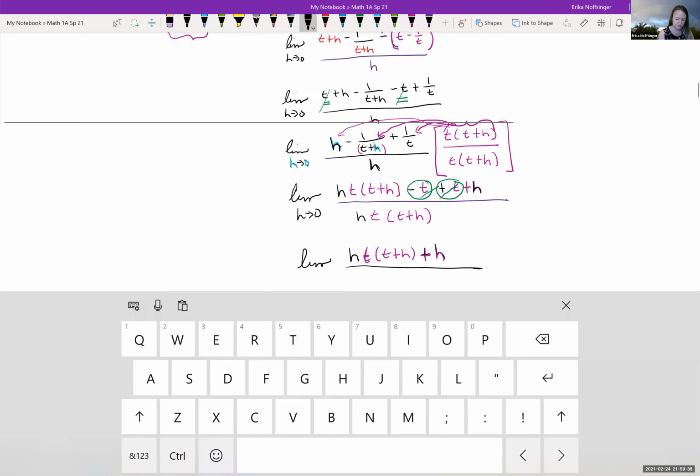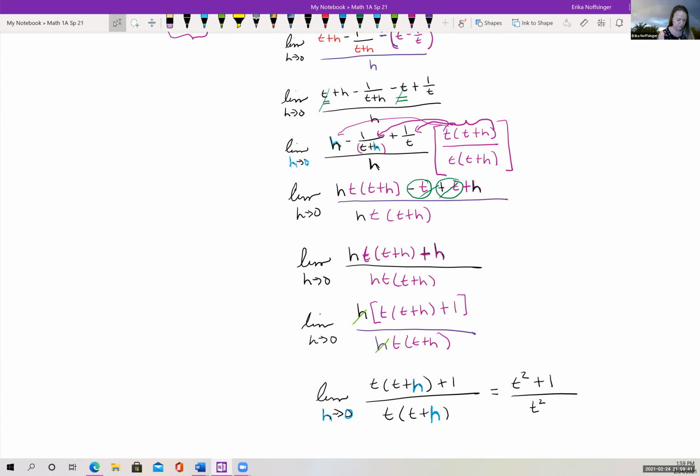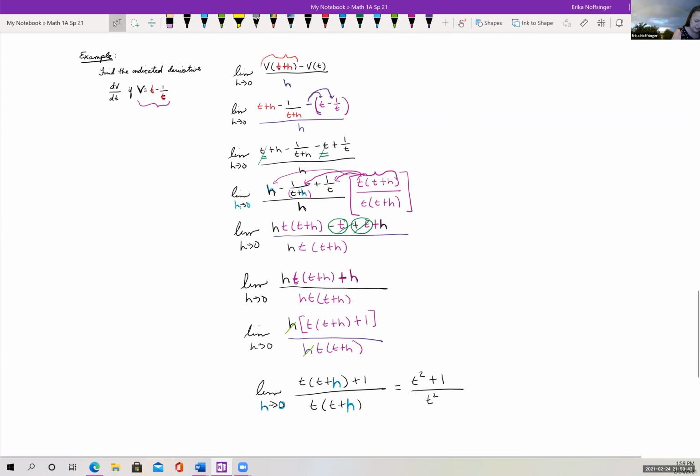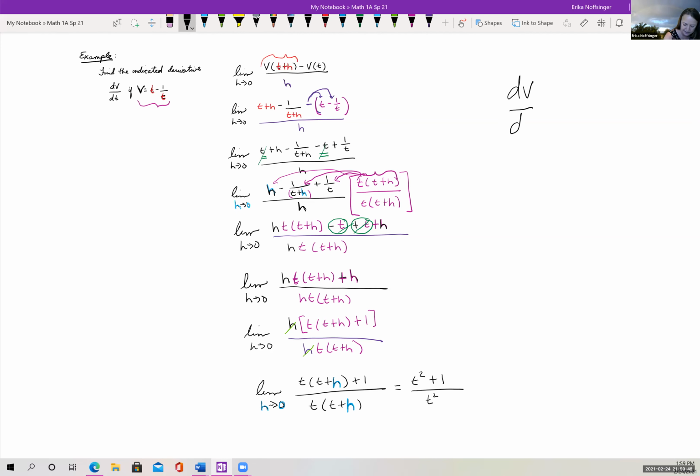And so this is the derivative of v of t. So we can say dv/dt is equal to t squared plus 1 all over t squared. Wherever the derivative exists, we could find the derivative at those values of our function v of t. Let me pause, see if there's questions, and then I'll come back and answer them if there are.